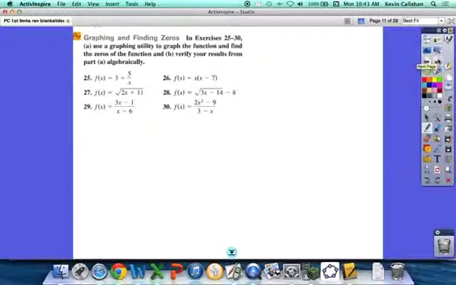It says specifically, use your calculator to find the zeros. How do you use your calculator to find the zeros of a function? You put it on the y equals, and then you just look at the graph, right? How about we do number 29?